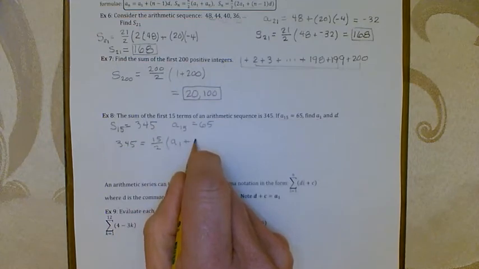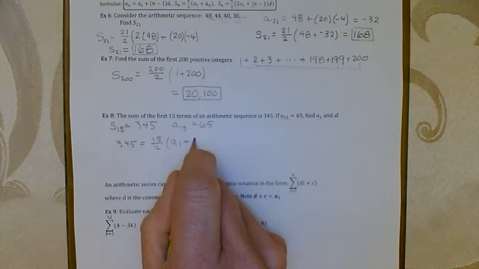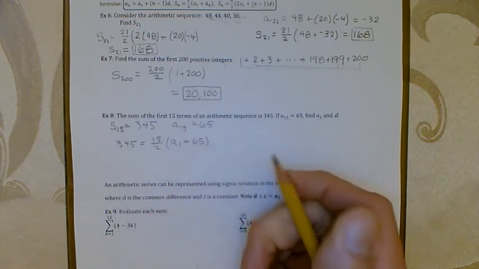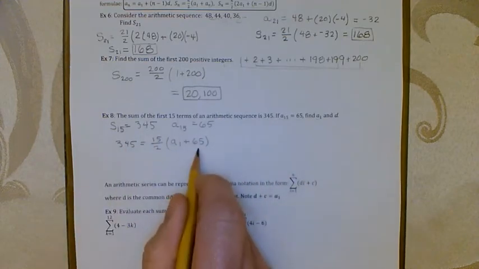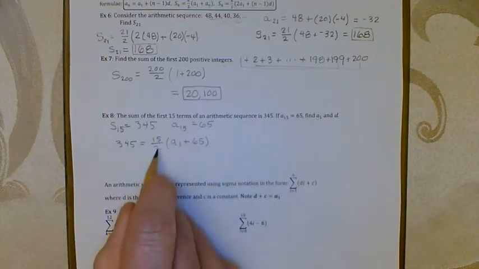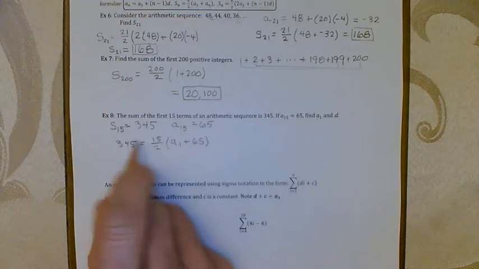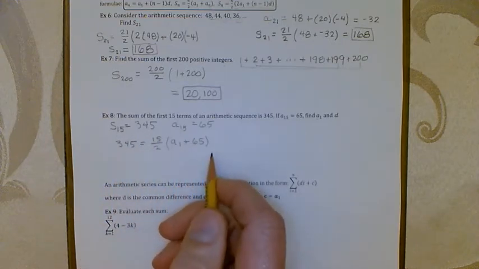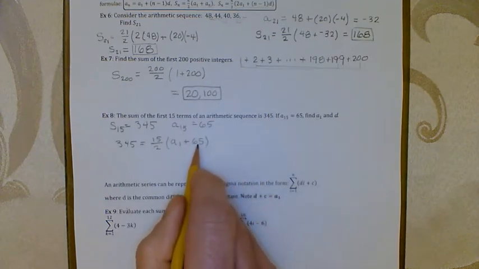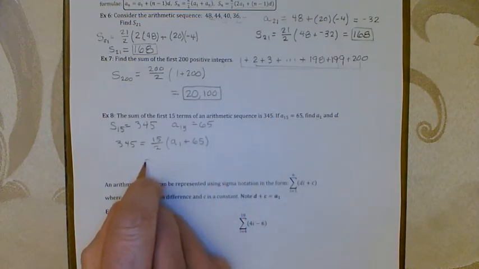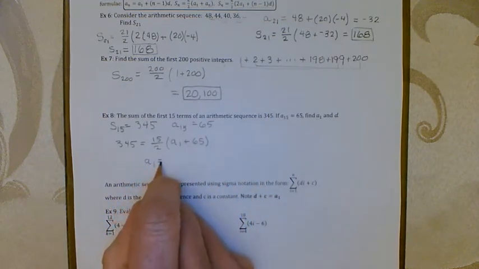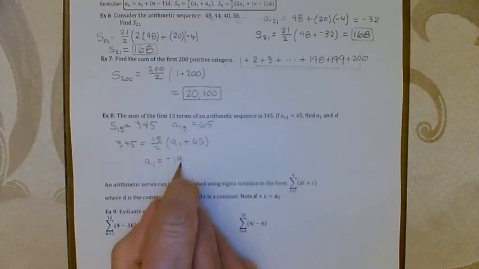Well, a sub n for us is a sub 15, which is just our 65. And so we could take this formula and solve it for a sub 1. We would multiply both sides by 2 and divide both sides by 15, and then we would subtract 65. So the first term, a sub 1, is negative 19.